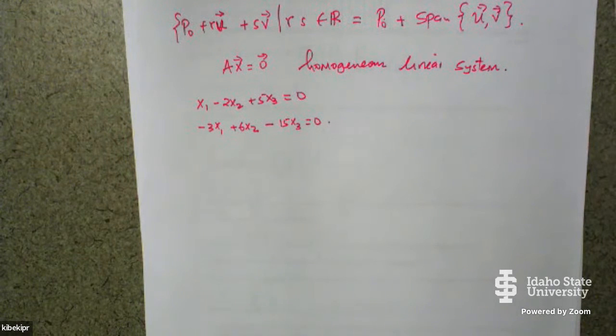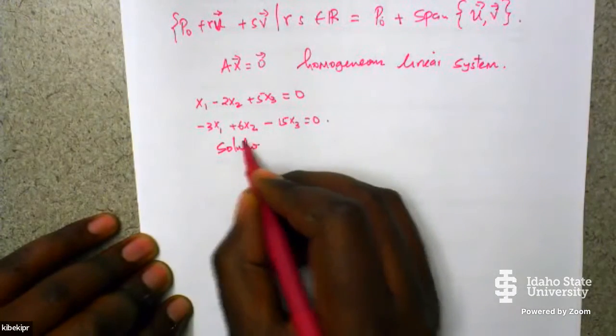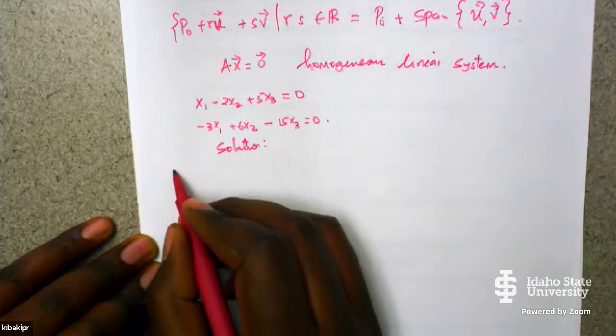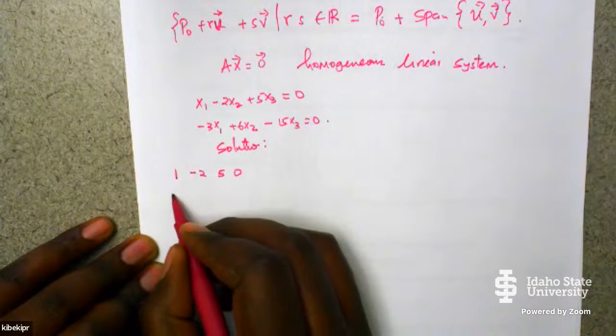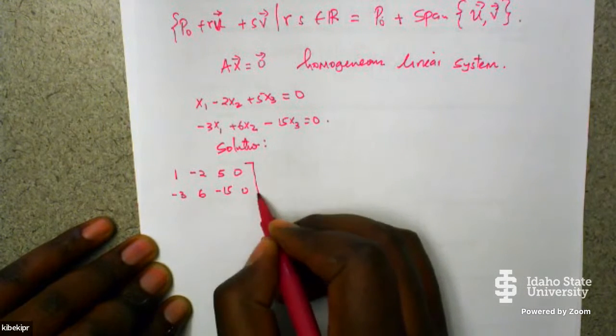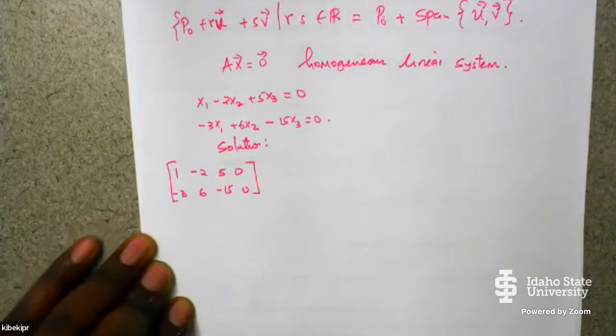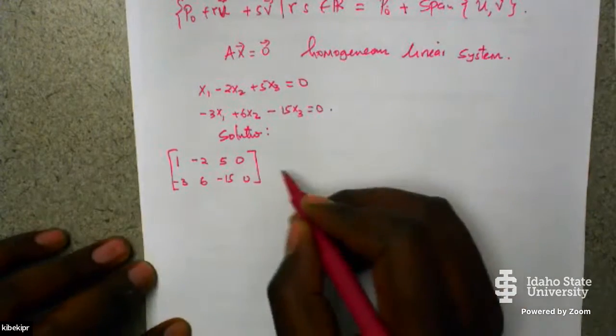So we write this now in augmented matrix form. The solution is now 1, -2, 5, and 0; -3, 6, -15, and 0. Since we reduced this previously, where there were some values of B, what we got is almost similar to this.